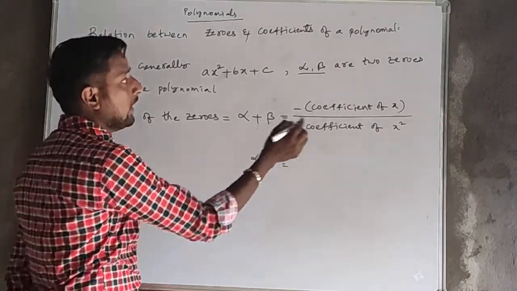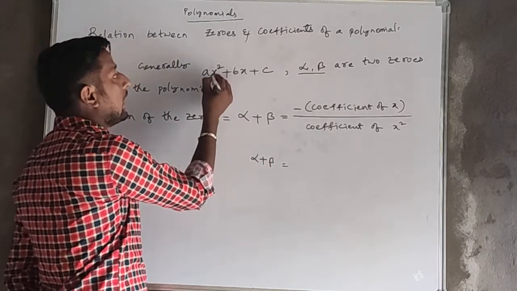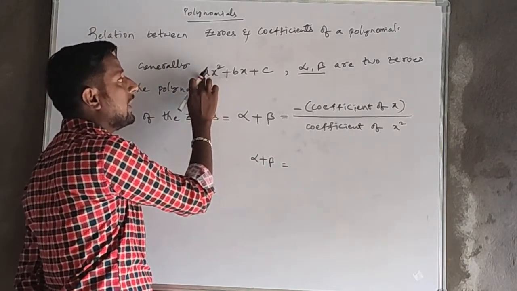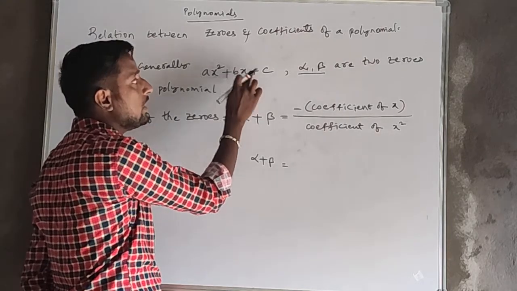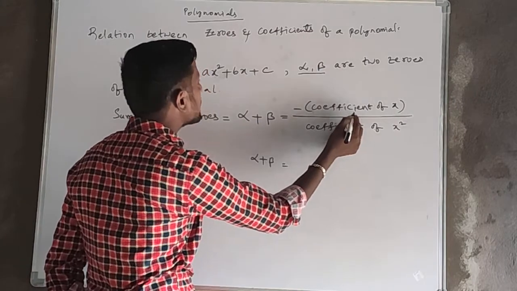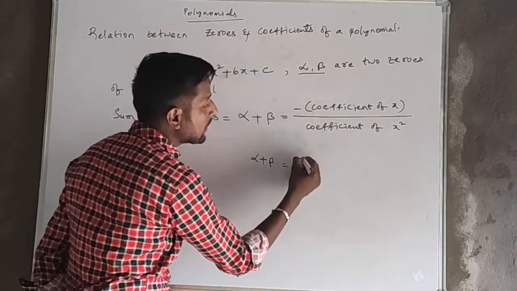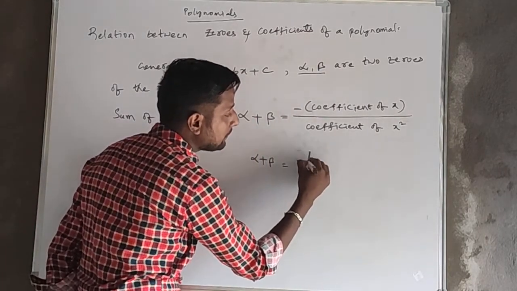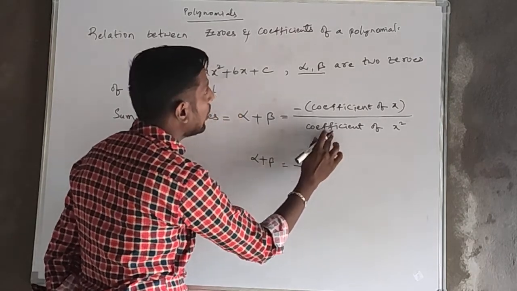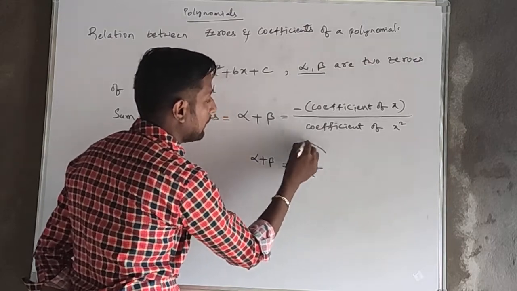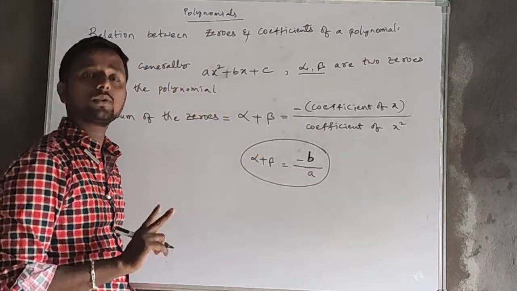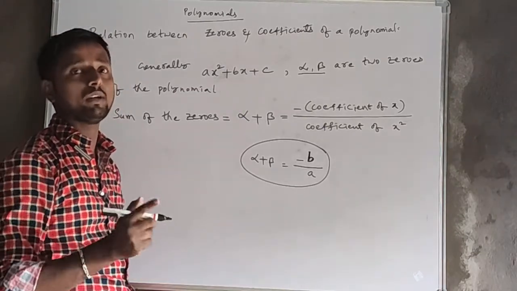Look at x coefficient. a is the x square coefficient. Coefficient of x square is a, coefficient of x is b, c is the constant term. Coefficient of x means we are talking about b. So minus b by coefficient of x square, a. So the first relation, the sum of the two zeros, is minus b by a.